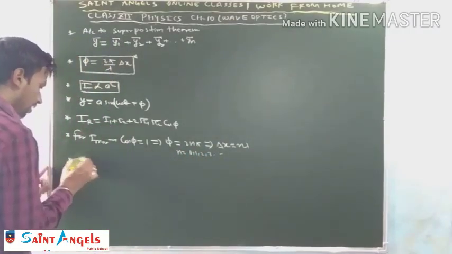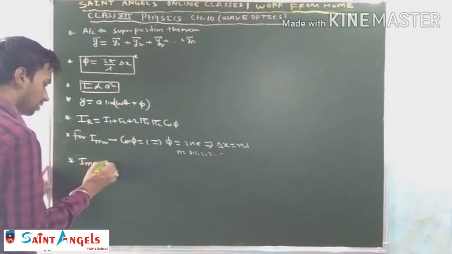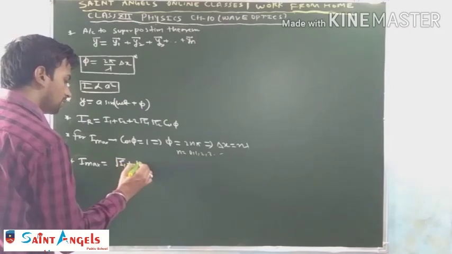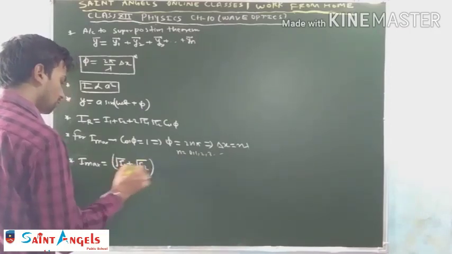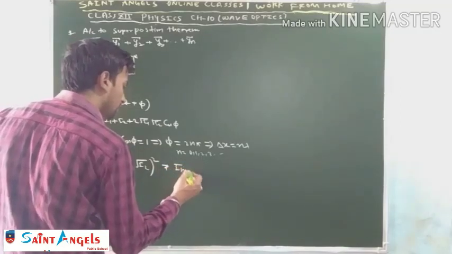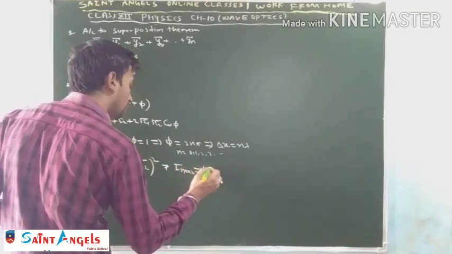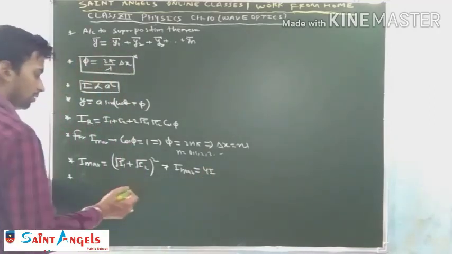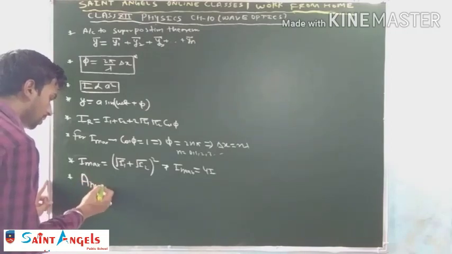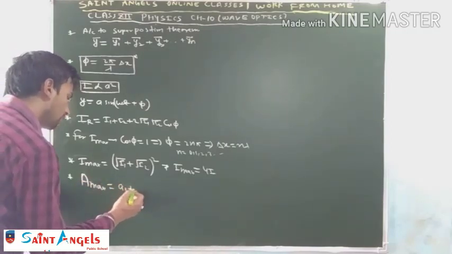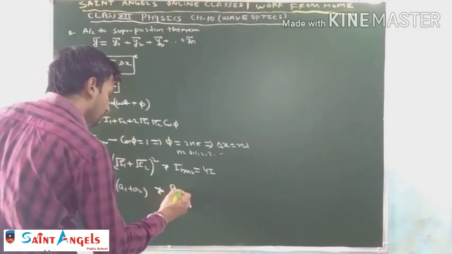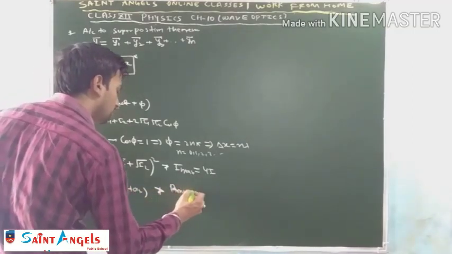And maximum intensity is equal to under root I1 plus under root I2 whole square. For identical waves, maximum intensity is equal to 4I. Similarly, maximum amplitude is equal to A1 plus A2, and for identical waves, maximum amplitude is equal to 2A.